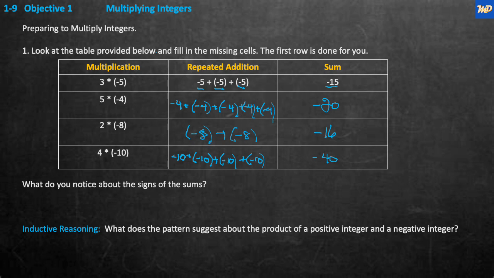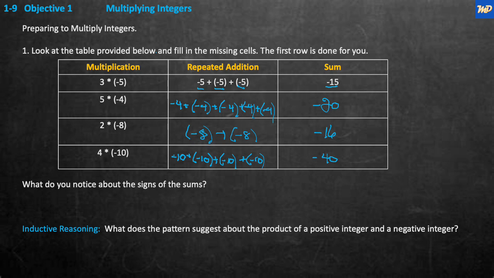Okay, so now I ask the question, what do you notice about the signs of the sums? Well, as I look down the list here, I see every one of them, no matter what we were multiplying, although it does look like we were multiplying the same thing in terms of positives and negatives, they're all negative. So, in inductive reasoning, what does the pattern suggest about the product of a positive and a negative integer?